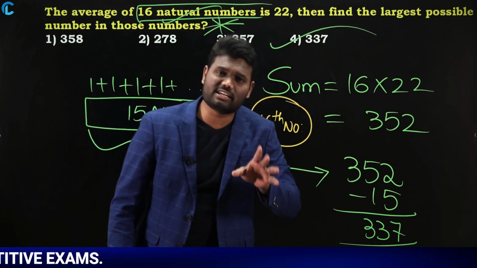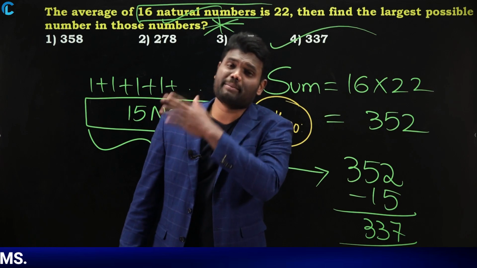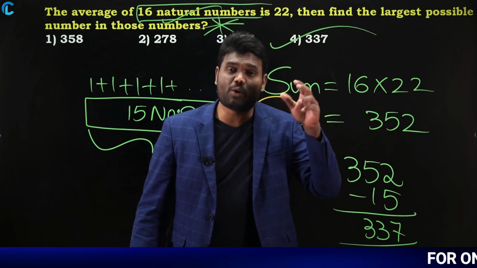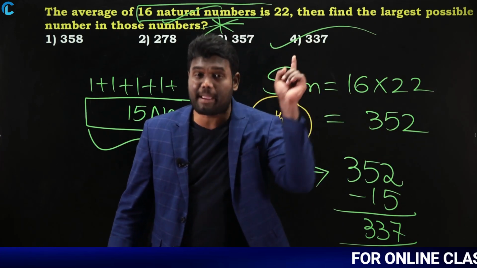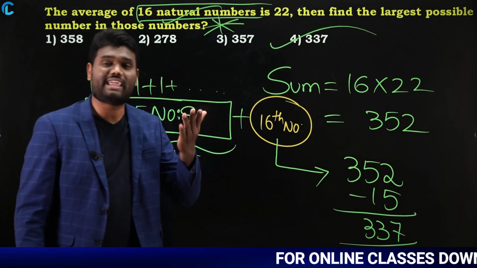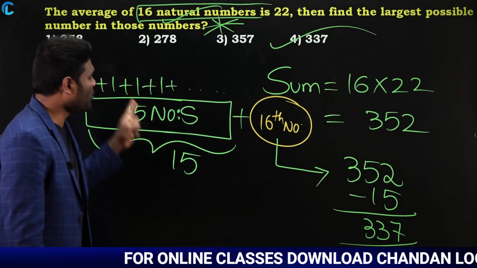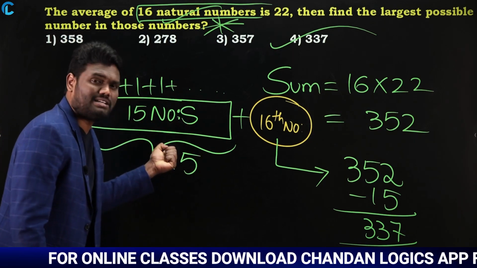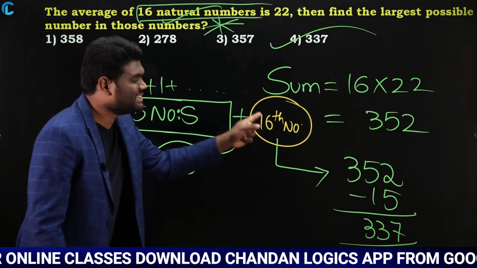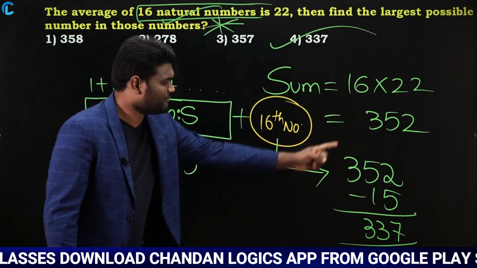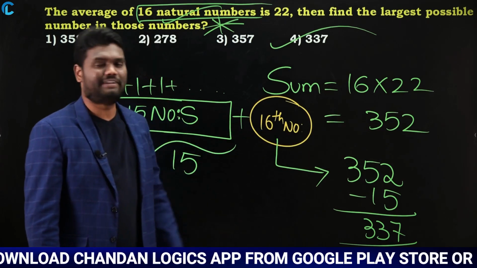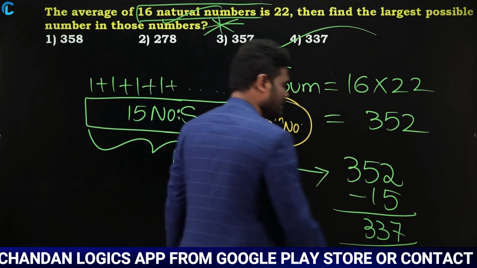As it is 16 natural numbers, I can take all of them as 1 also, because now I have a chance of taking the same number. So for 15 numbers the sum will be 15. Now the 16th number should be maximum. That is the reason from 352, if I subtract 15, I get the answer as 337.